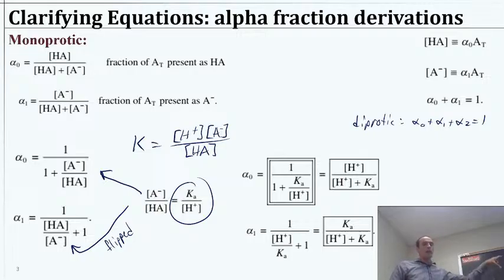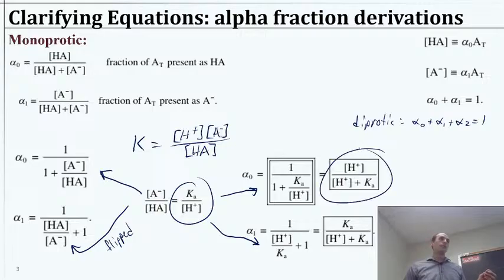Okay, so once we've sent the substitution through, that's when we end up with alpha 0, any of the alphas, as a function of Ka and H plus. So it's just algebra to get it to the point where we have our equation in the form of H plus and K. Now, you'll notice here you can also, if you wanted to rearrange the simplification, have it in a slightly different format: you could put alpha 0 as H plus over H plus plus Ka, right?